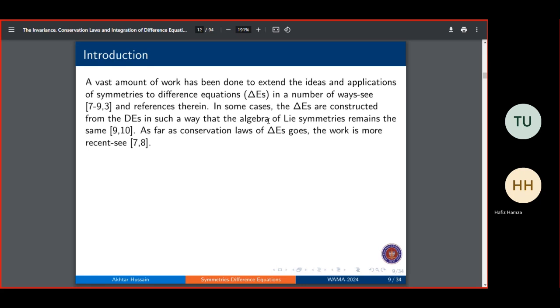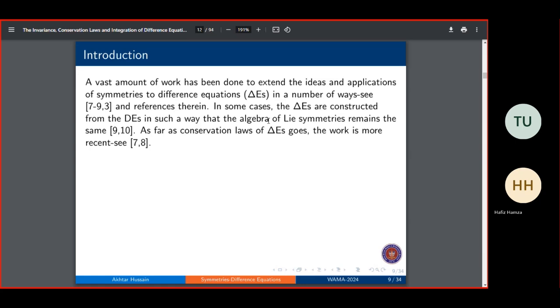Now we have some remarks on the symmetries for the difference equation. A vast amount of work has been done to extend the idea and applications of symmetries to the difference equation in a number of ways. In some cases, the difference equations constructed from the differential equations have the same algebra of Lie symmetries.